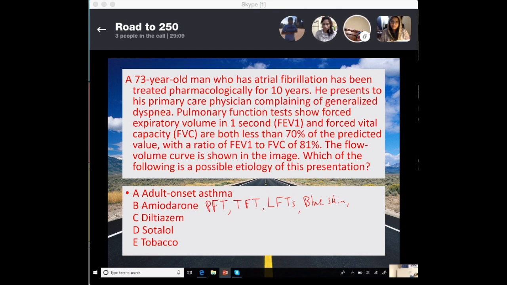QT prolongation? Yes, it's class 3, so Torsades. So amiodarone causes interstitial pulmonary fibrosis, which will lead to a restrictive presentation on a flow volume curve.